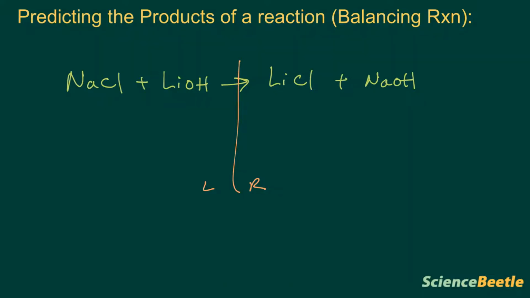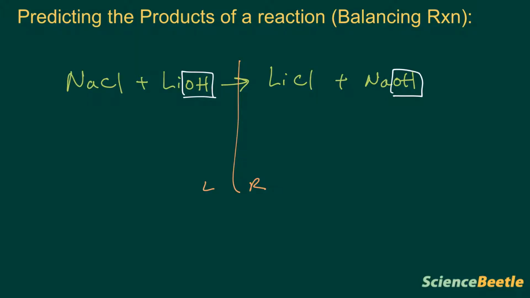The other thing that's left to do here is look at the hydroxide, but keep in mind that the hydroxide is a polyatomic, so we have to treat these together, both the oxygen and the hydrogen. There's one copy on the left, and there is one copy on the right. So here, we have only got one copy of each, so what we've got to do at this point is just write down the actual coefficients.